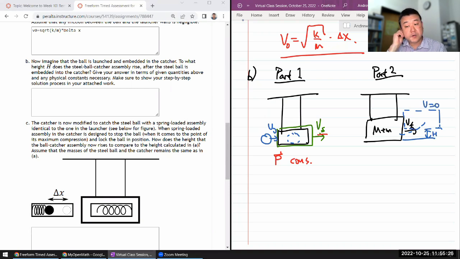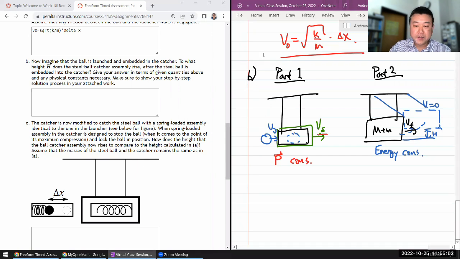In this interaction, energy is conserved because no non-conservative force does work here. Gravity is the only force doing any work, and that goes into gravitational potential energy. The tension force might be a little harder to see in this arrangement, but it's intuitive enough that tension doesn't do work here. So you have to work through that.